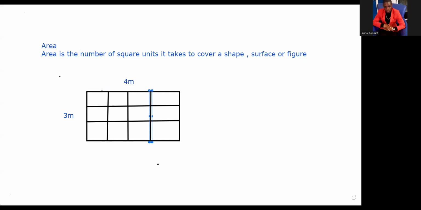So you see it? We have the 3 right here on this side. So we get 1, 2, 3. You see? And we have the 4. 1, 2, 3, 4. Very important.